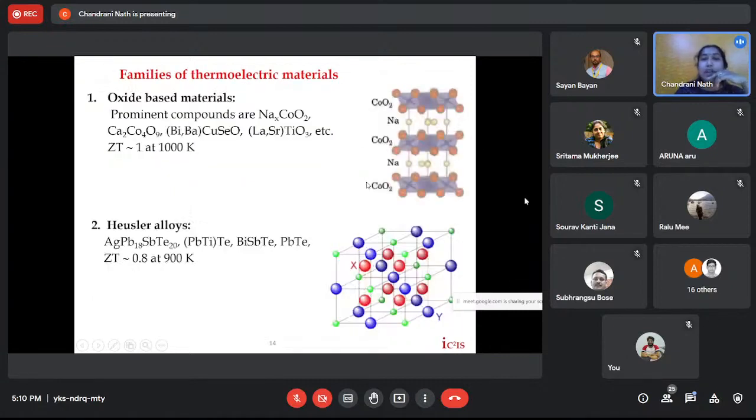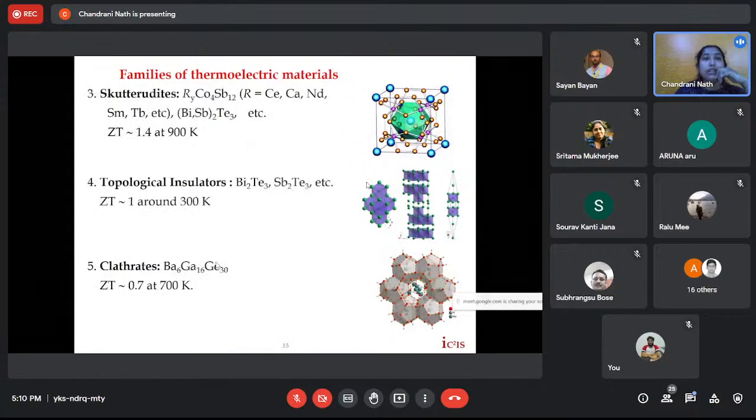There are several families of thermoelectric materials. Mainly there are oxide-based materials with layered structures, the Heusler alloys that operate at quite high temperature, around 900 Kelvin, skutterudite materials, topological insulators, and clathrates as well.